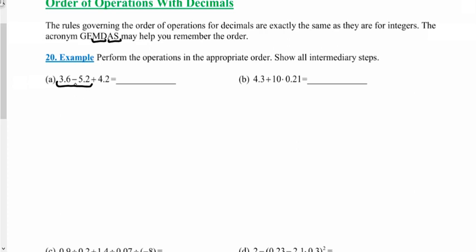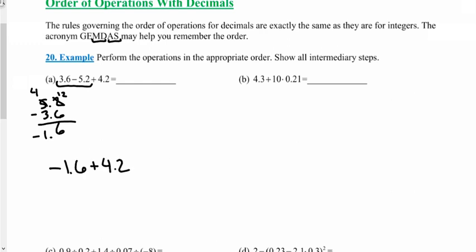So in order to do this, I see the bigger of these two numbers is the negative number. So I'm going to actually do 5.2 minus 3.6. Then I get 1.6. But here I have to acknowledge that the bigger one is negative, so my answer is negative. This will be negative 1.6 plus 4.2.